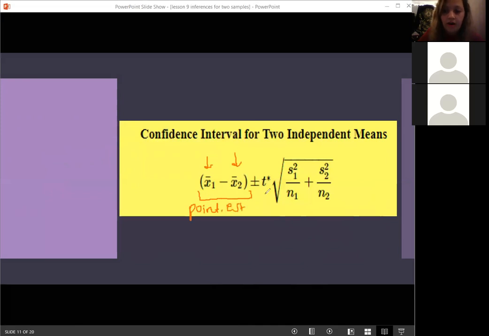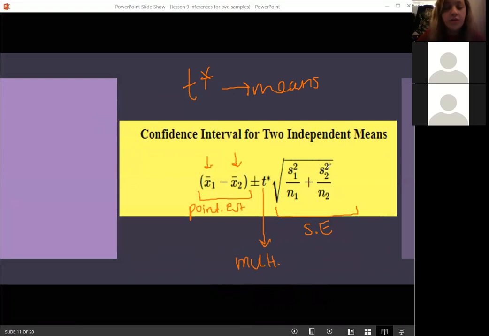And then our t value is going to be for means. We use t star for means, and remember, we use z star for proportions. So we have t star, and this is going to be our multiplier. And then lastly, we have our standard error here at the end.